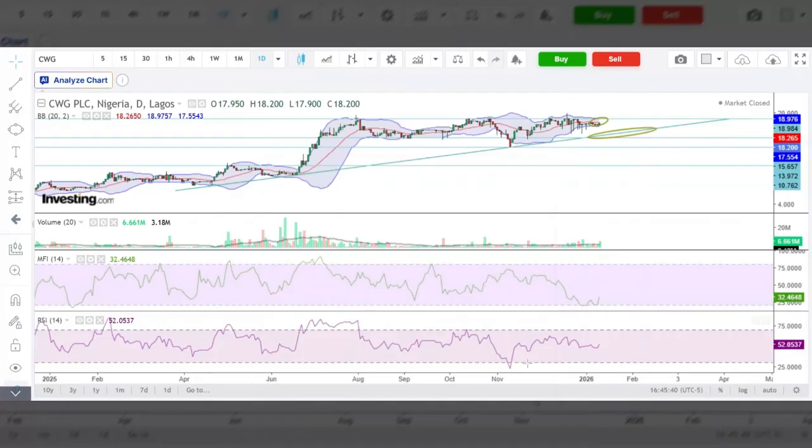Okay, it's not even in the extremes, it's in between. RSI is 52, which is also very good. Our MFI is good. We have good volume. These are our entry signals, either one of these places, this or this.